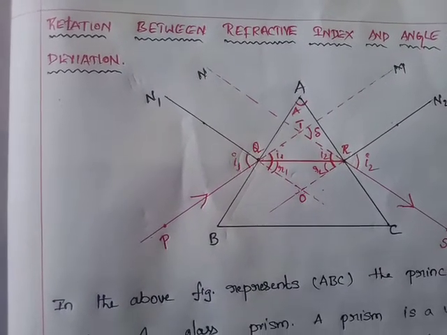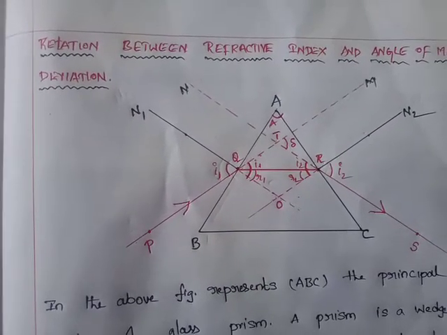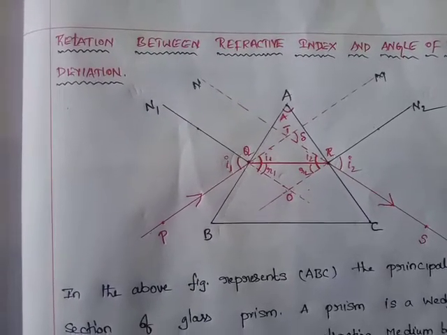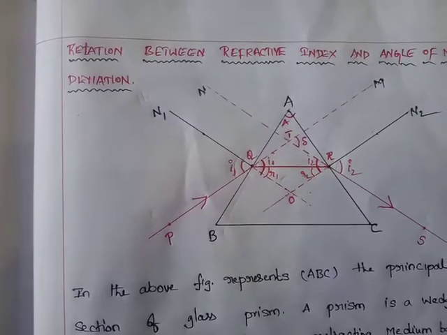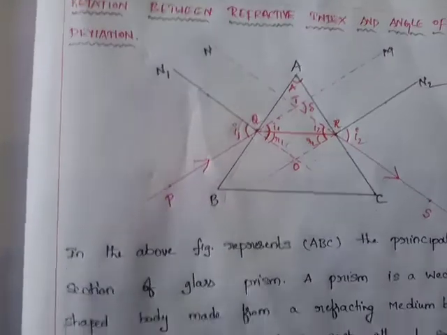Angle I2 is angle N2RS, and angles R1 and R2 are angles OQR and ORQ. Let us represent them here.